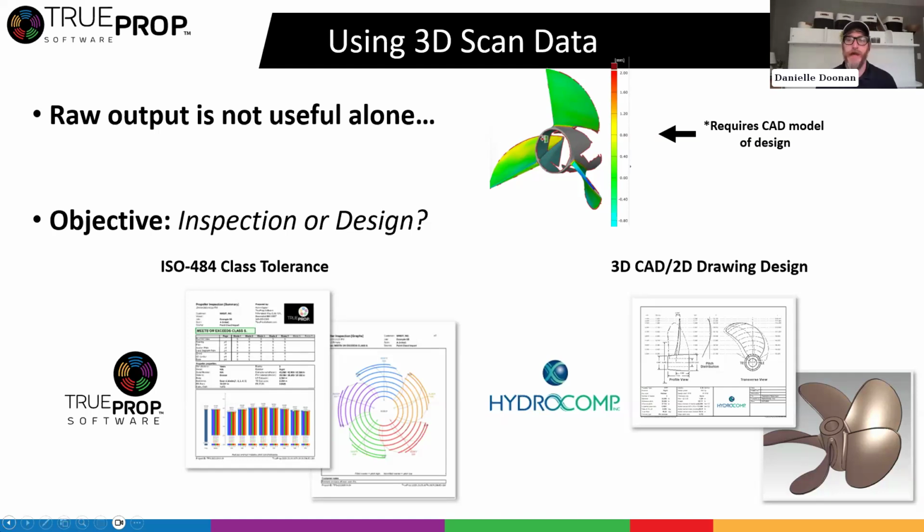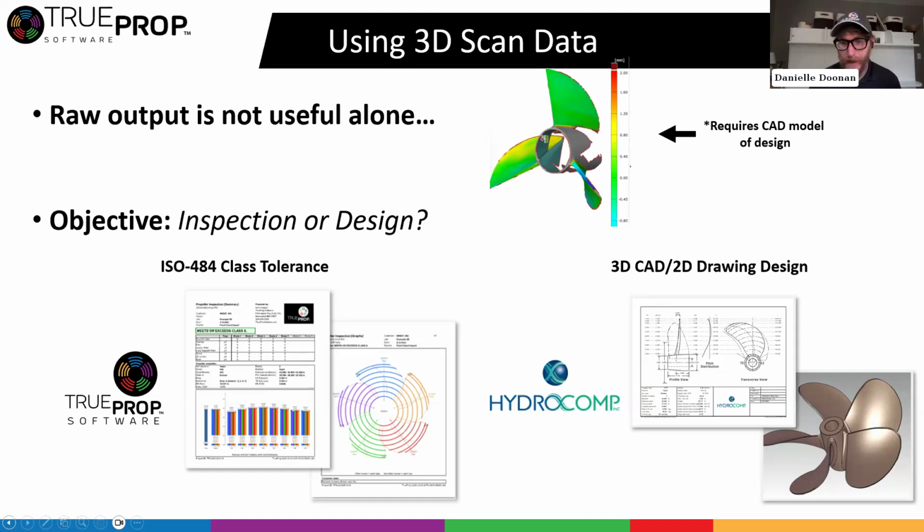We can maybe calculate some areas or volumes or weights, but you could make a duplicate of the propeller, but each blade's going to have some variation as well. So why remake a propeller that's imperfect?